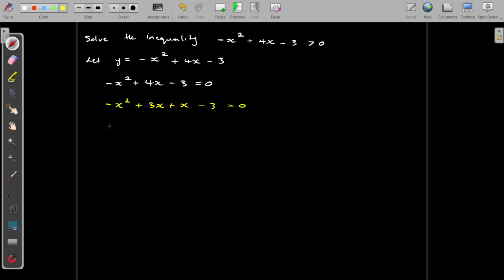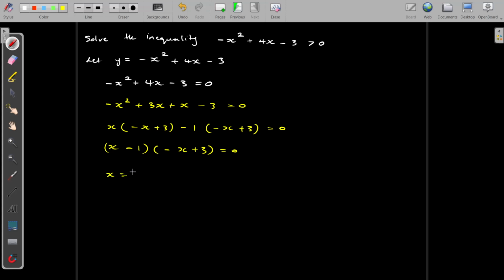So we factor out x. We're left with negative x plus 3. We factor out negative x. We're left with negative x plus 3. So x minus 1 times negative x plus 3 is equal to 0.